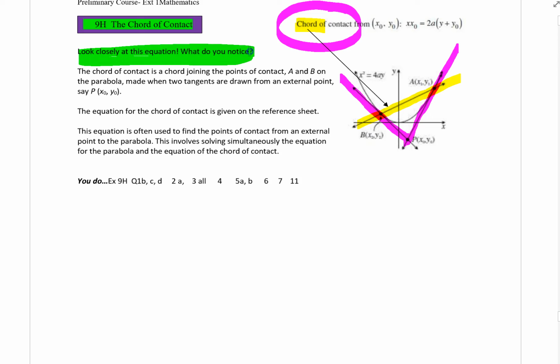What do you notice about this equation for the chord of contact? So here it is. It's an equation of a straight line, so it'll have an x and a y in it. It's got the x ordinate and the y ordinate from the external point, and it's got an a or 2a.